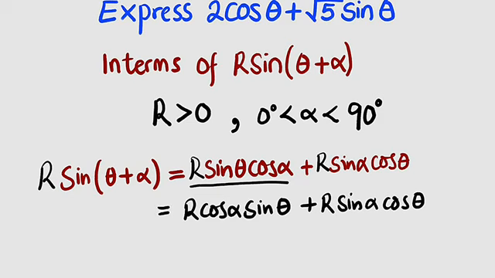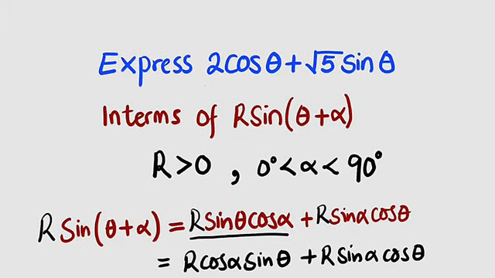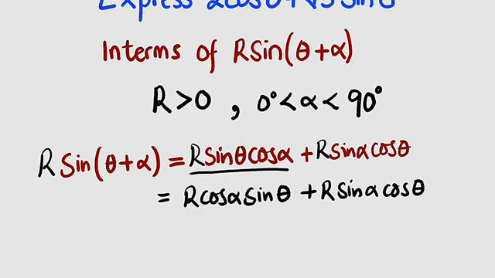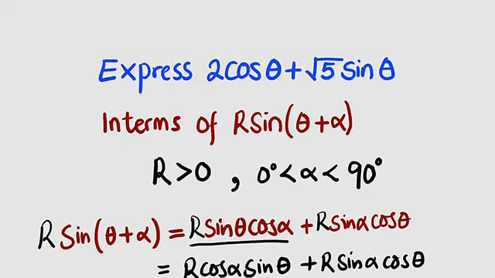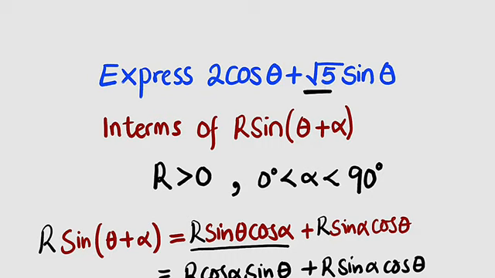So now let us relate the coefficients of this expression to the original expression, which is 2 cosine theta plus root 5 sine theta. The coefficient of sine theta here is r cos alpha, while the coefficient of sine theta in the original is root 5.